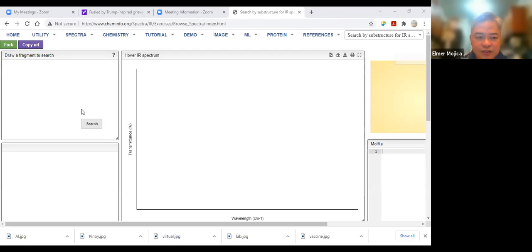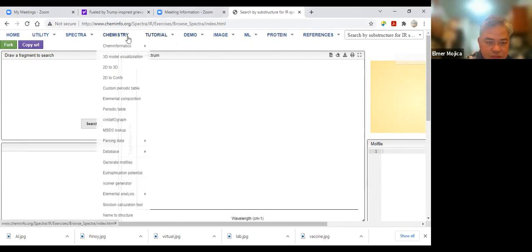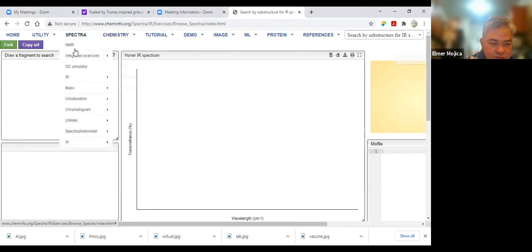So if you go here, you can do some sort of a search, or maybe you can put some of the structure that you have here. Demo IR.